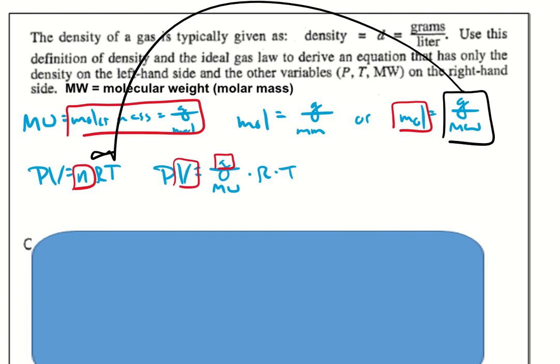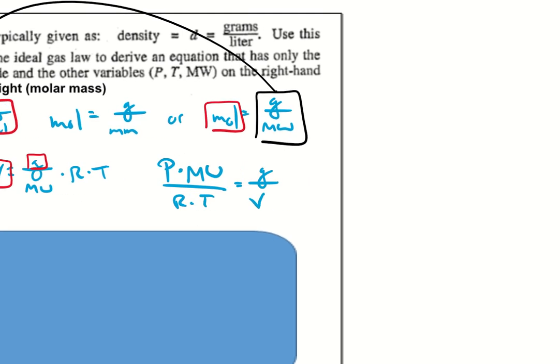So I'm going to work to get grams and liters by themselves. The way to do that will be multiplying through by molecular weight and dividing by RT, and then dividing by volume.